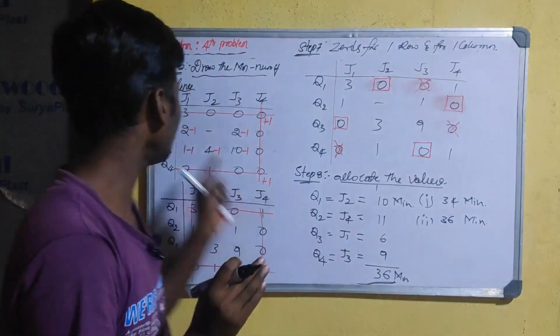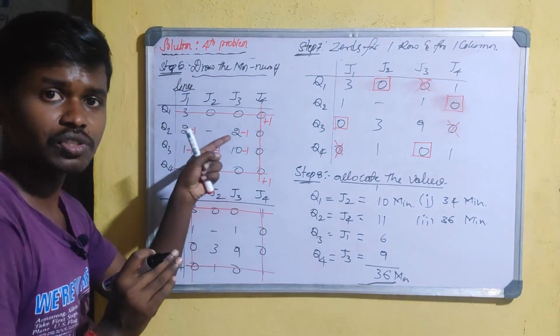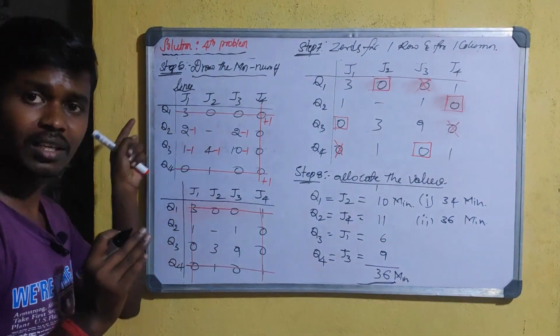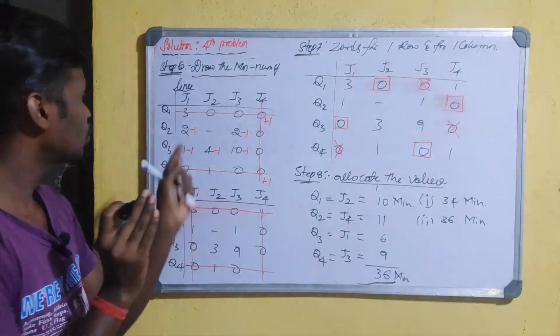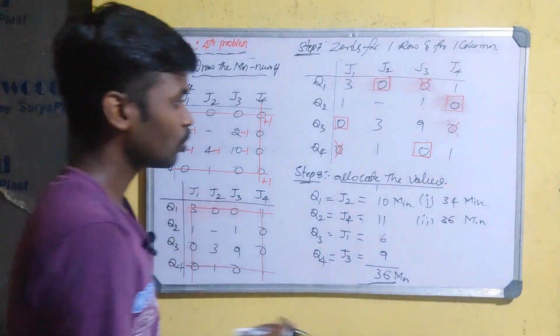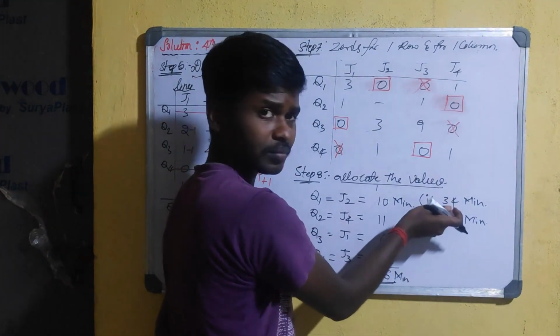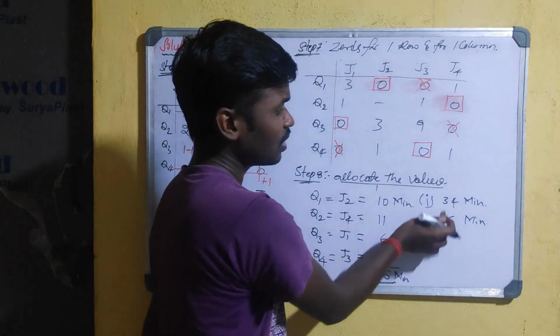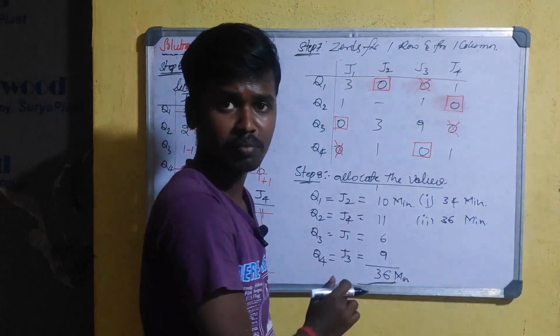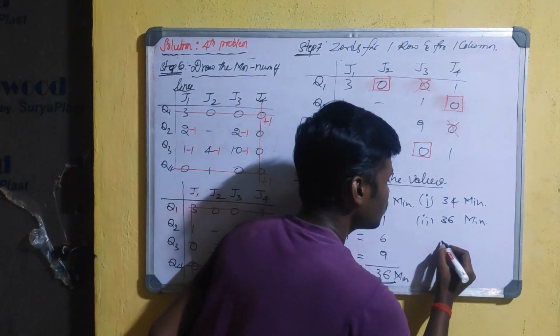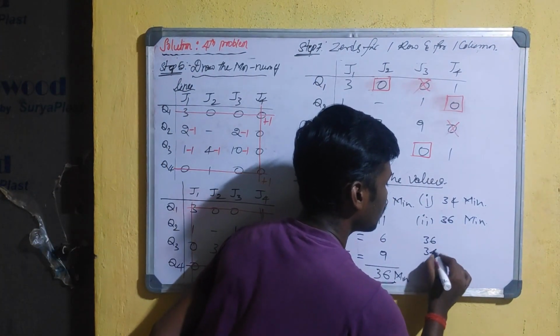So in order to compute the total additional time, how much additional time is required to allocate the 4 operators to 4 jobs if J2 is not allocated to the operator Q2. So what we have to do, we have to subtract this 34 minutes from 36 minutes, that is 36 and 34.